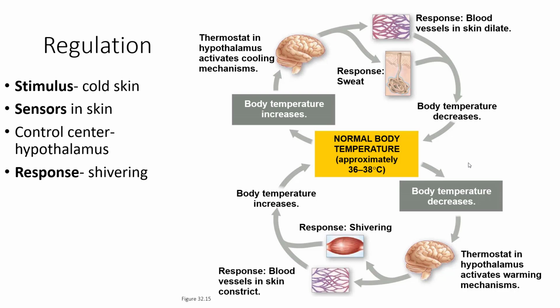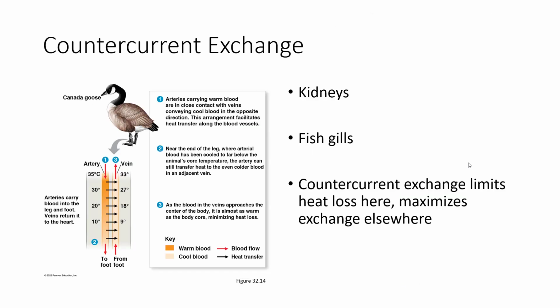This is negative feedback. A bit of anatomy we're going to see a couple different times is this countercurrent exchange. Your book covers that right next to negative feedback. This is not homeostasis. This is just how some of this stuff works. It's kind of cool. We're going to see it in both kidneys and fish gills. The countercurrent exchange moves an artery and a vein next to one another so that you have the exchange of heat going down.